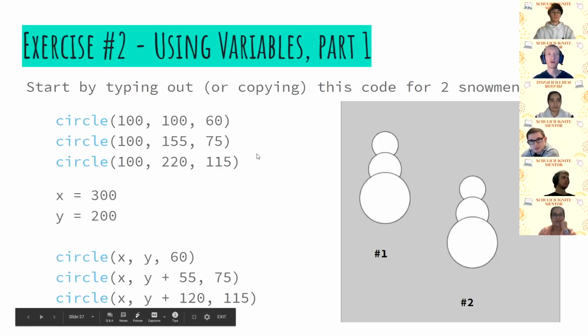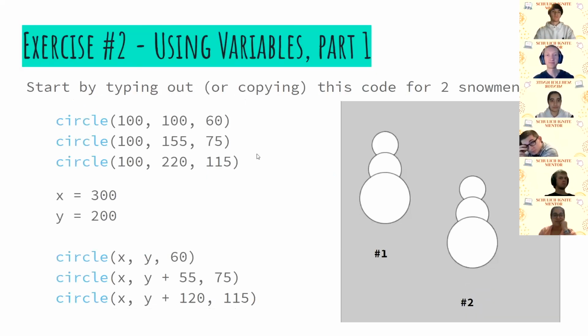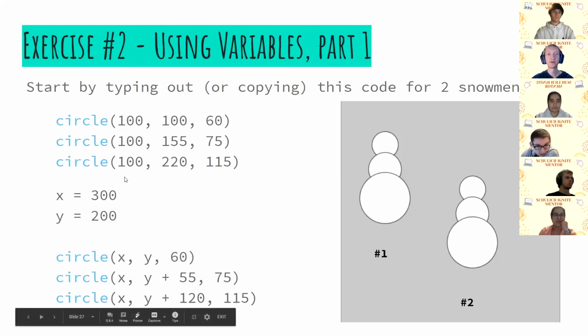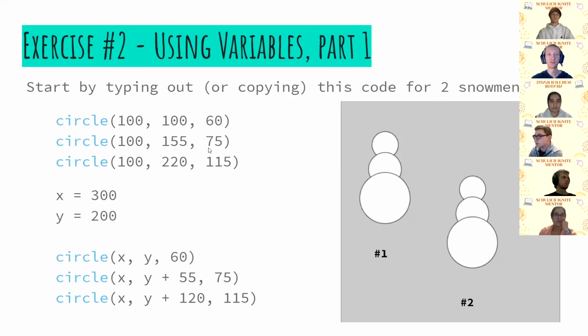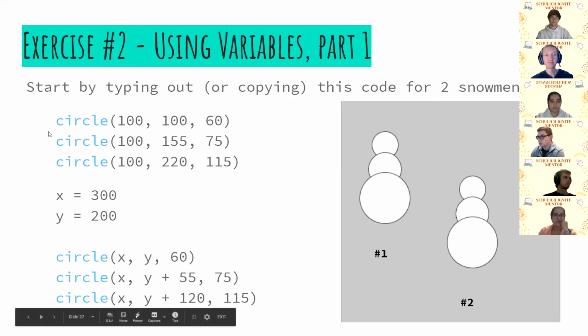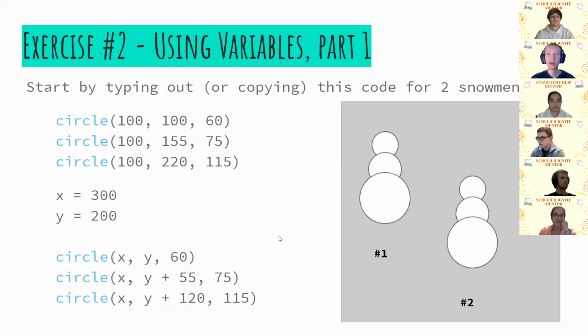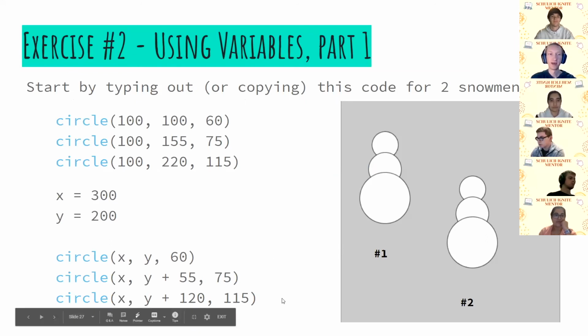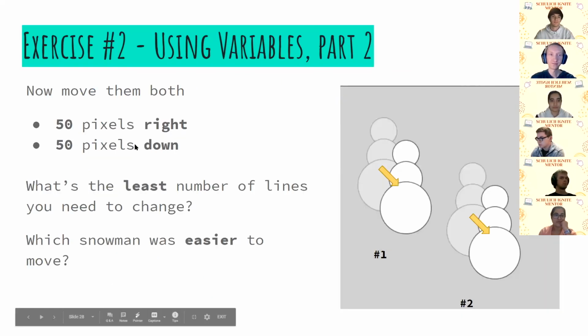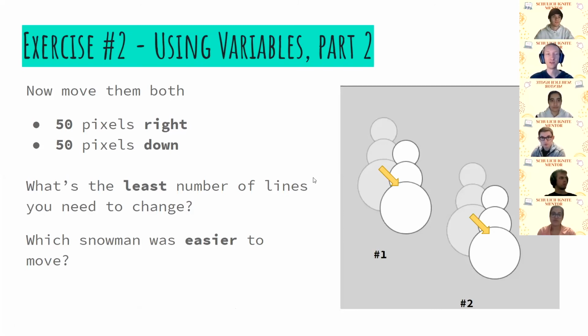All right, so now we're on to our next exercise. For this exercise, the first thing that you're going to do is take this code. When you use the slides, you can just copy it from that slide, run this code, and you'll see that it's outputting this piece. That's the first part. The second part is to change it so that the snowmen are moved a little bit.